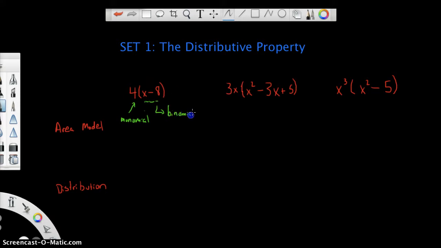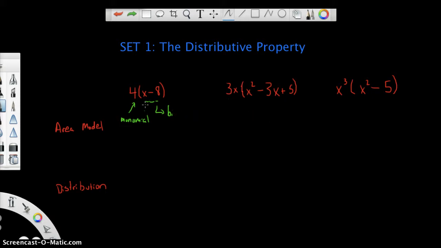Or we might have a monomial on the outside multiplied by a trinomial, because this last one has three terms. So just understand that today we're only talking about when we have a monomial, one term only, on the outside. Okay, so let's get rid of some of that, and now we'll look at some examples.